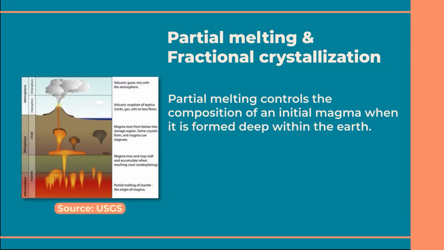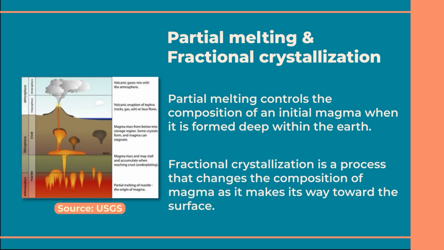Partial melting controls the composition of initial magma when it is formed deep within the earth, and fractional crystallization is the process that changes the composition of the magma as it makes its way towards the surface of the earth.